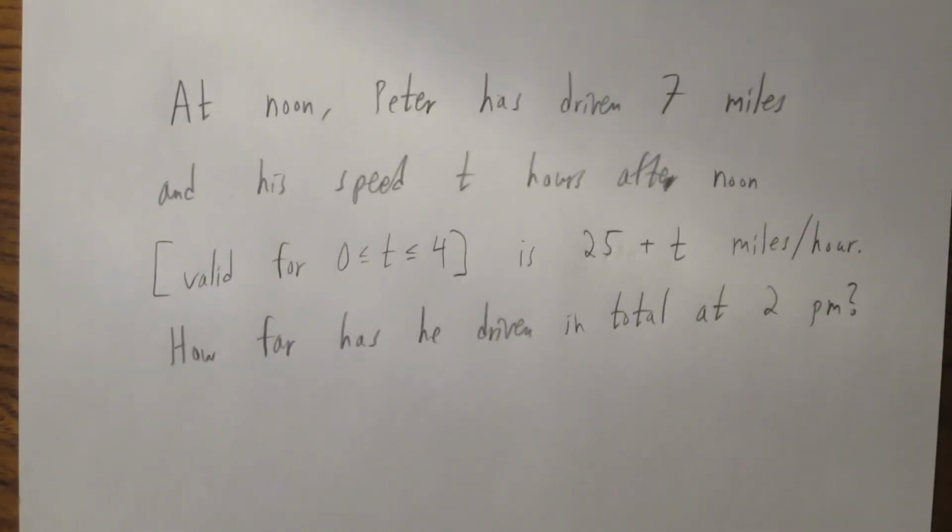This word problem comes down to a simple differential equation. At noon, Peter has driven 7 miles and his speed t hours after noon is 25 plus t miles per hour. The question is, how far has he driven in total at 2 o'clock in the afternoon? Okay, so we want to introduce a function.